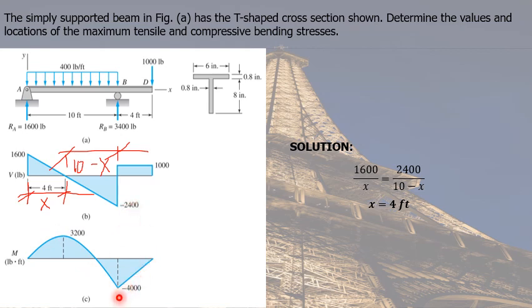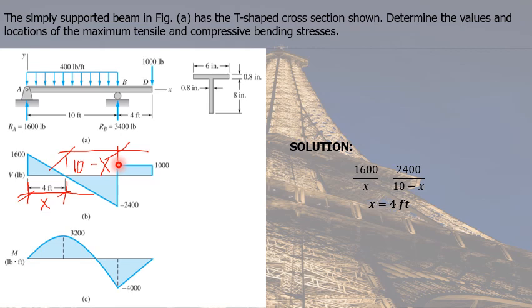And from negative 4,000, we add the area of this rectangle, which is base times height. So we have negative 4,000 plus our base is 4 feet times the height of 1,000. And that is equal to 0.